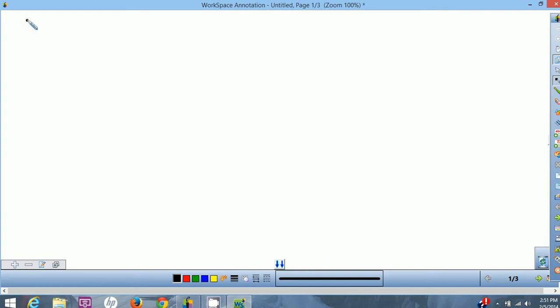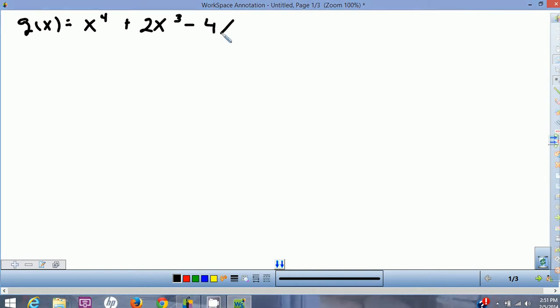So let's begin with the polynomial g of x is equal to x to the 4th plus 2x cubed minus 4x squared minus 7x minus 2. So there's my polynomial. I'm going to graph it on my calculator and figure out what looks like it is probably a 0 of this polynomial.